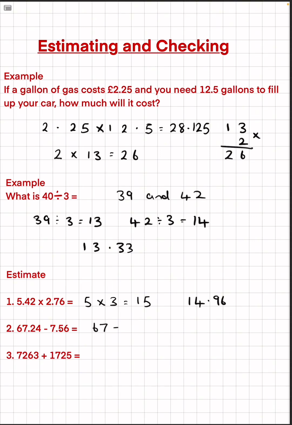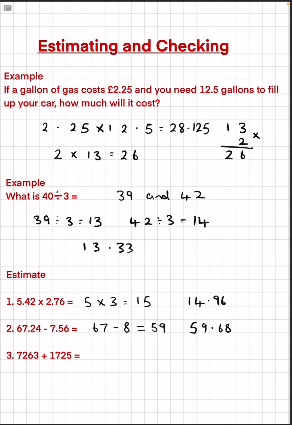The digit after the decimal point is 5, so we're going to round up to 8. 67 minus 8 is 59. If we put this in a calculator, the answer we get is 59.68.